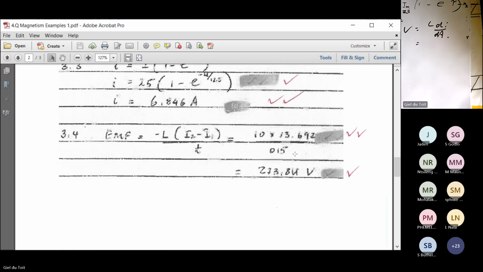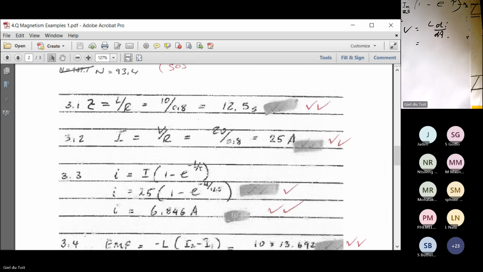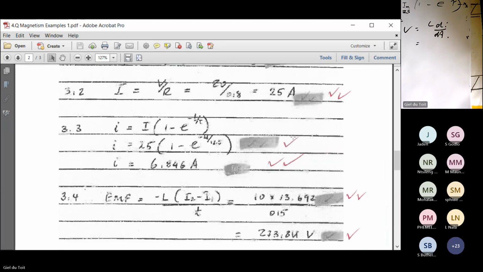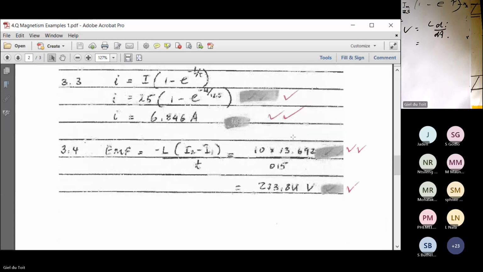So the inductance is 10 Henry and the current difference is 13 amp. So it looks to me they've reversed double that current. It took double that current. Do you see?